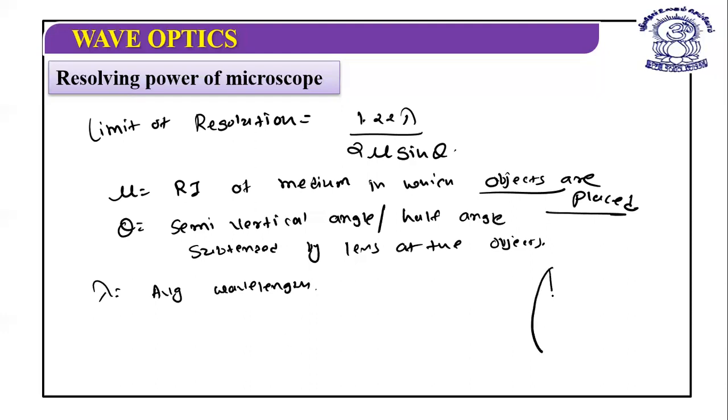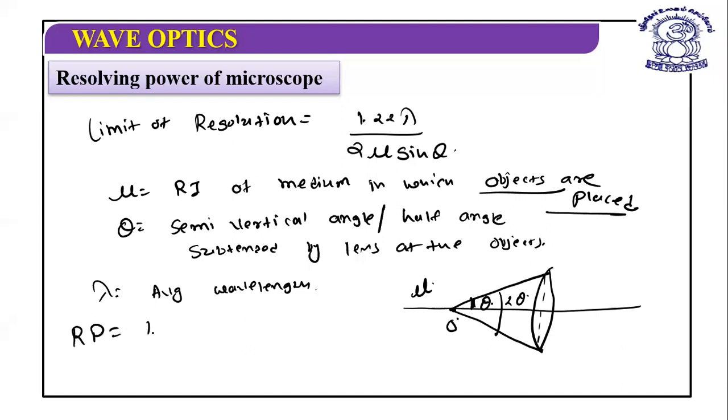If this is the lens, an object is kept at point O in medium of refractive index mu, then the angle subtended by lens at object is, let's say total angle is 2 theta, then half angle is theta. Here the resolving power is 1 upon d, that will give us 2 mu sine theta divided by 1.22 lambda.